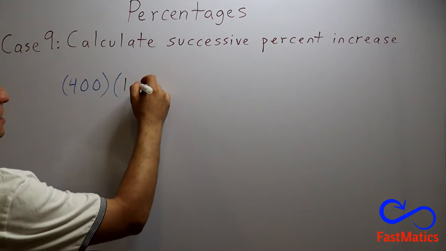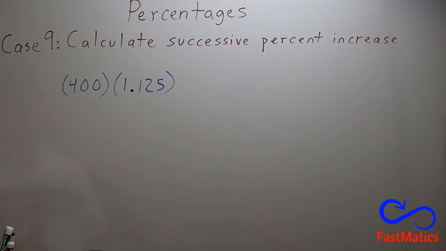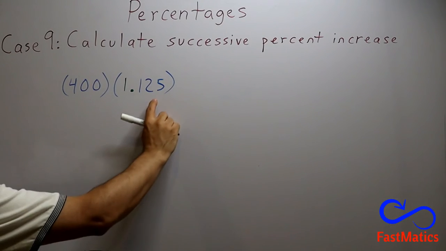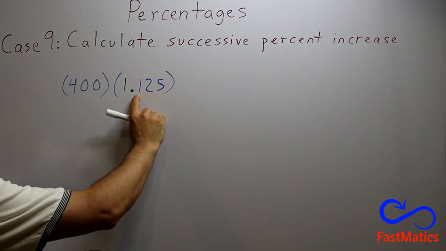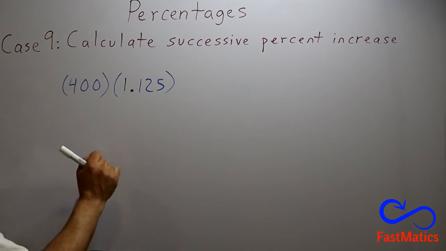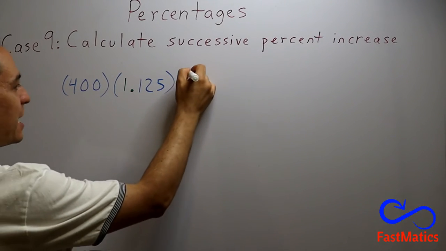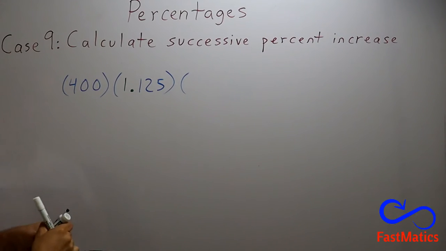That means 12.5. Remember, when you want to convert a percentage into a decimal number, you move the decimal point 2 places to the left. So if you want to increase 12.5%, you are going to write 1.125. But after that, we have an increase of 25%.